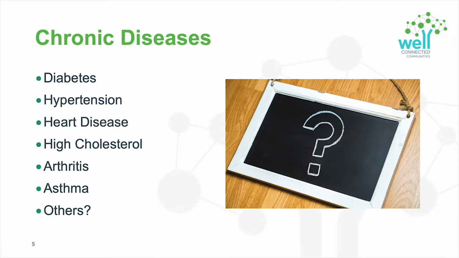They are Alzheimer's disease and related dementia, arthritis, including osteoarthritis and rheumatoid arthritis, asthma, atrial fibrillation, autism spectrum disorders, cancer, chronic kidney disease, chronic obstructive pulmonary disease, depression, diabetes, heart failure, hepatitis, HIV/AIDS, high cholesterol, high blood pressure, heart disease, osteoporosis, schizophrenia and other psychotic disorders, and stroke.